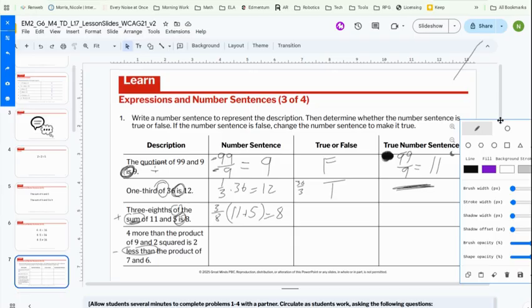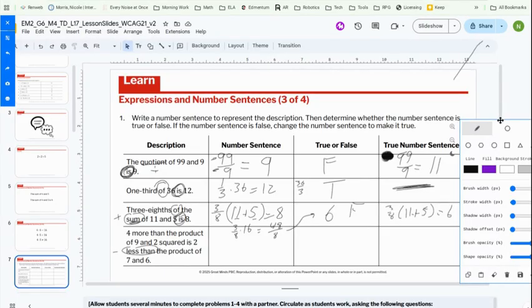So 11 plus 5 is 16 times 3/8, which is 48 divided by 8, and that is actually going to be 6. So this is false. So you'll want to say 3/8 times 11 plus 5 equals 6.